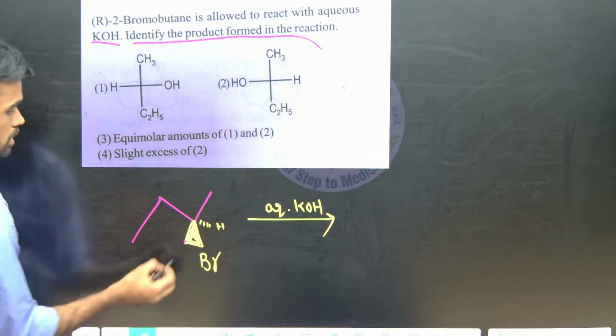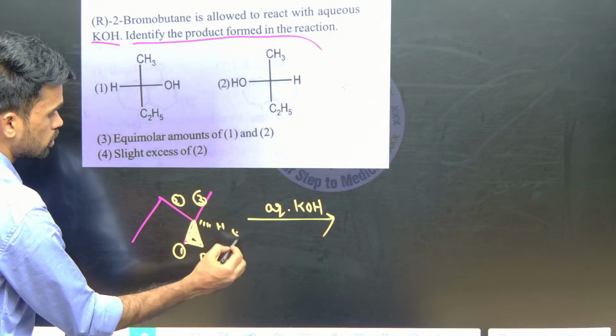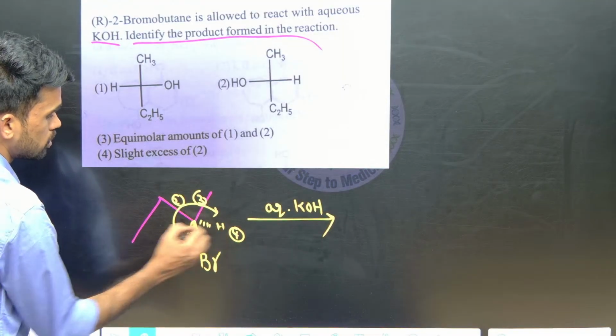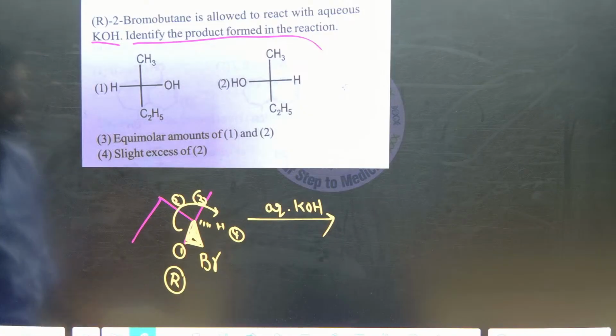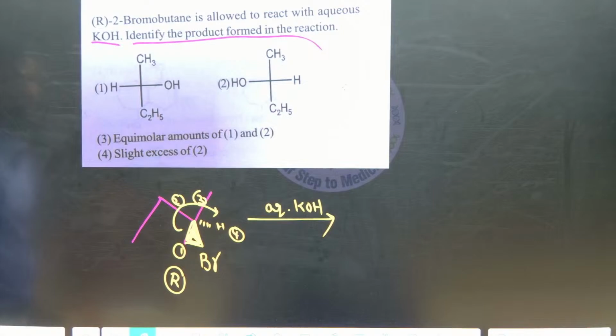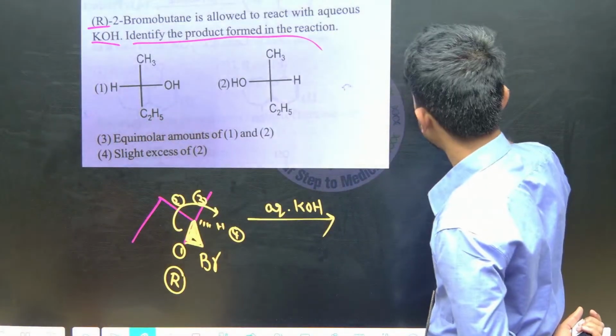Now just check how the configuration 1, 2, 3, 4 is going, clockwise. So it is R configuration. This is R-2-bromobutane, which is R configuration, allowed to react with aqueous KOH. See, this is a secondary carbon, right?